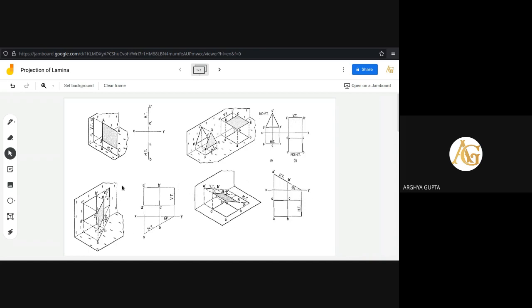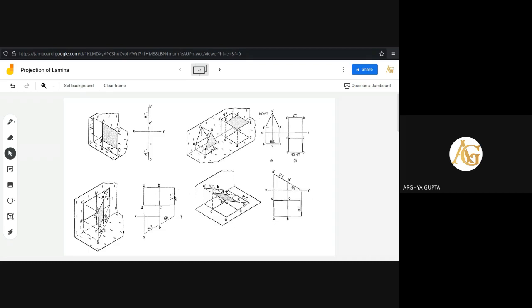Now let us come to this example. That square is now making an angle with the vertical plane, and it is still perpendicular to the horizontal plane, so it will be appearing as a trace, isn't it? The true shape of the square will not be obtained in the vertical plane.